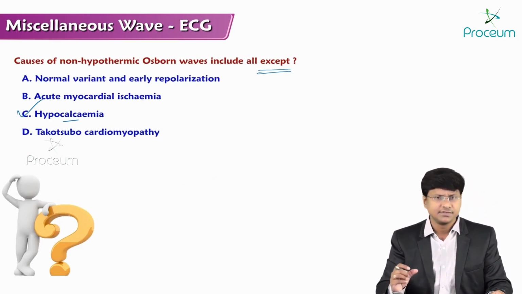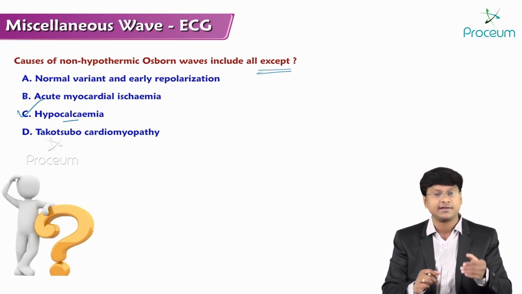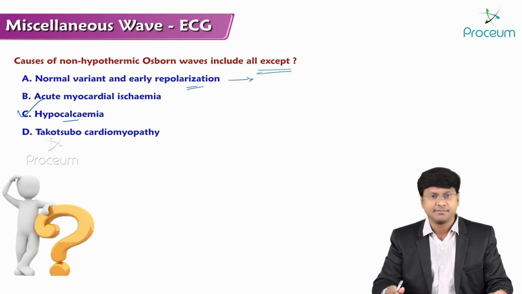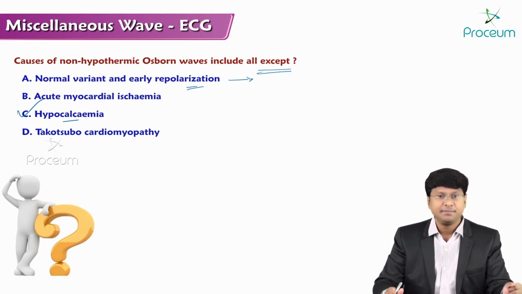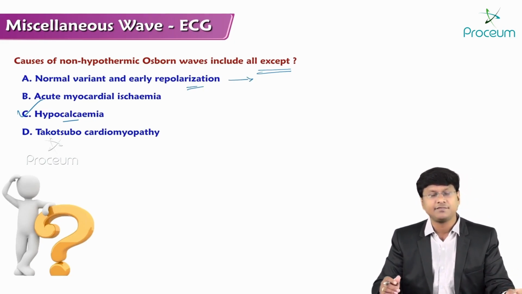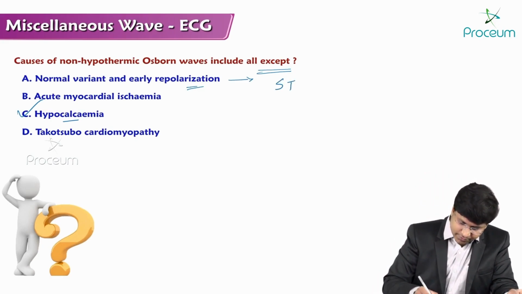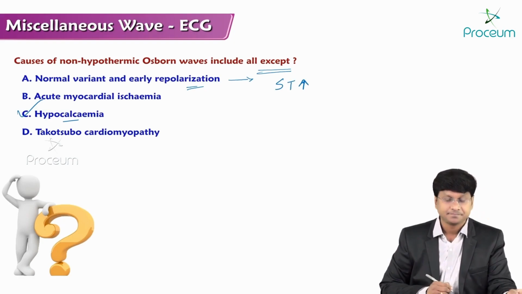Now let me discuss the individual options and the other respective ECG waves. Take early repolarization, which we also call benign early repolarization. In benign early repolarization, apart from the presence of the J wave, there will also be ST segment elevation.